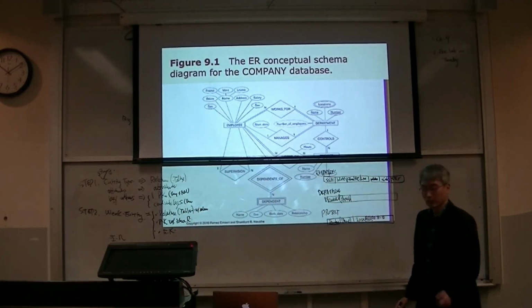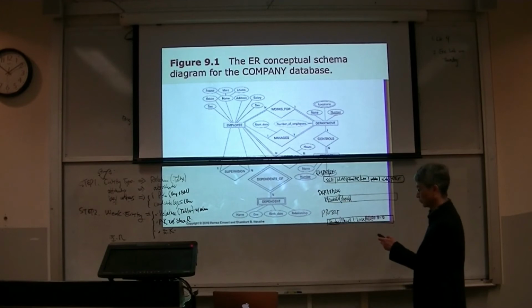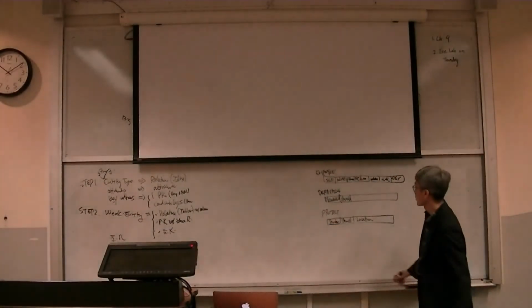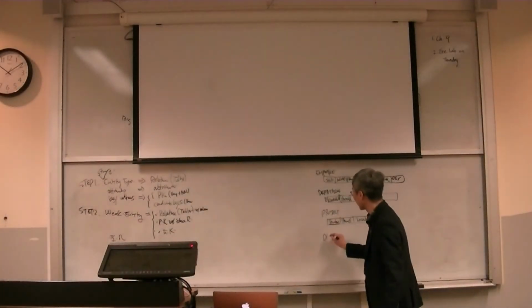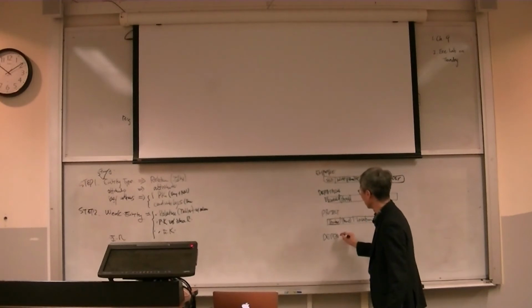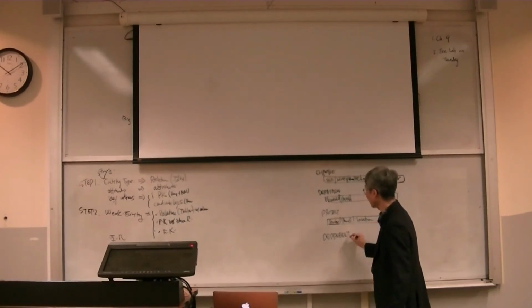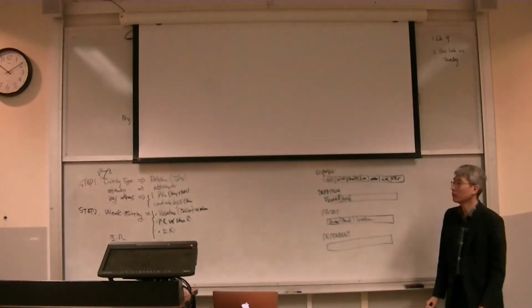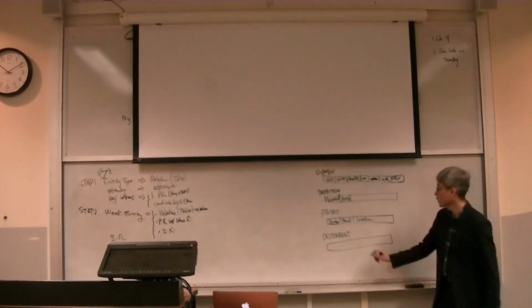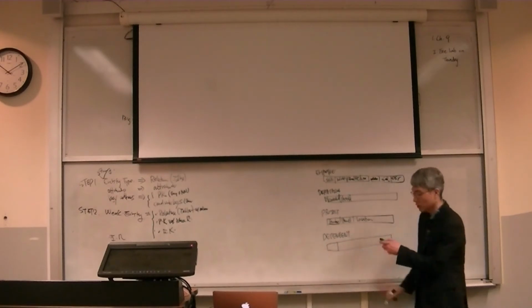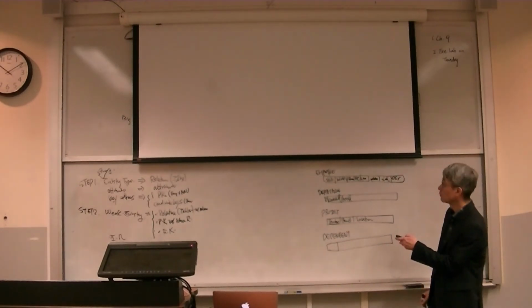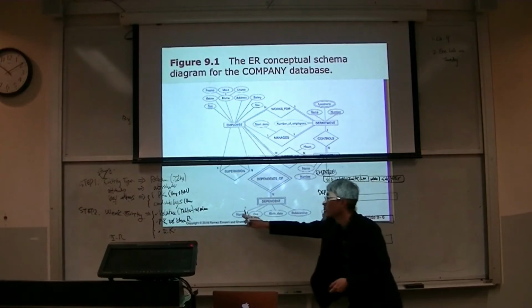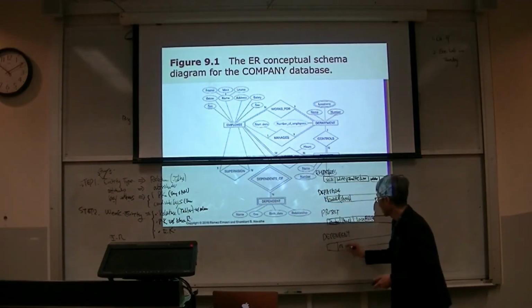Okay, so let's see this example. We are going to create the dependent. It's the name of a table, the name of a relation. To create the dependent, we do not have a primary key. Instead, as you can see, the name is a partial key.